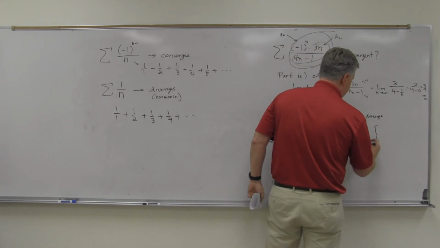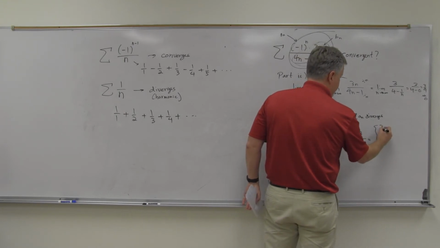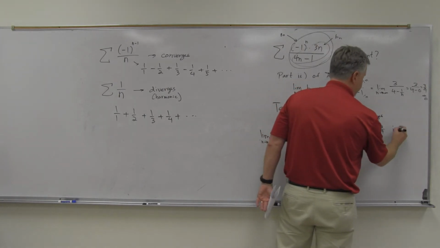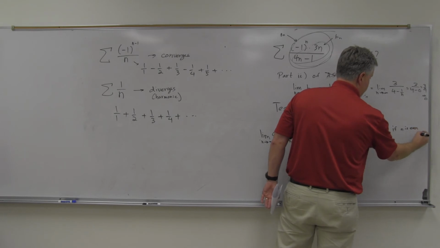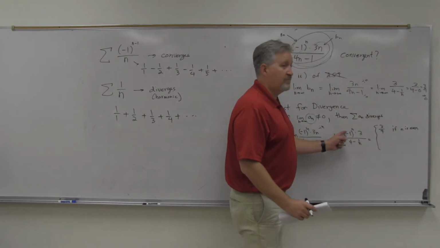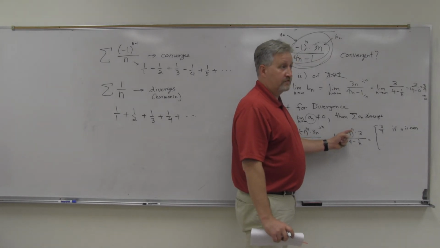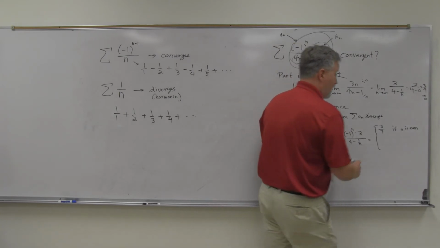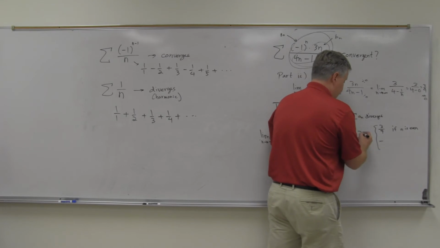If n is even, the even ones will give me positive numbers, so it's positive 3/4. If I go with odd n's, then it's going to go to negative 3/4.